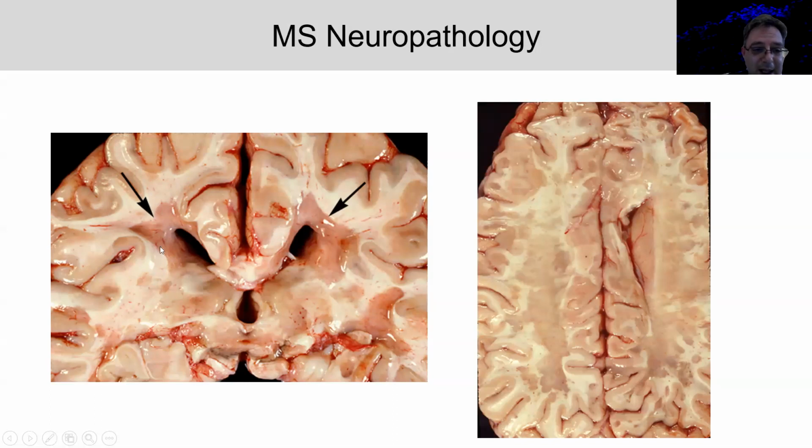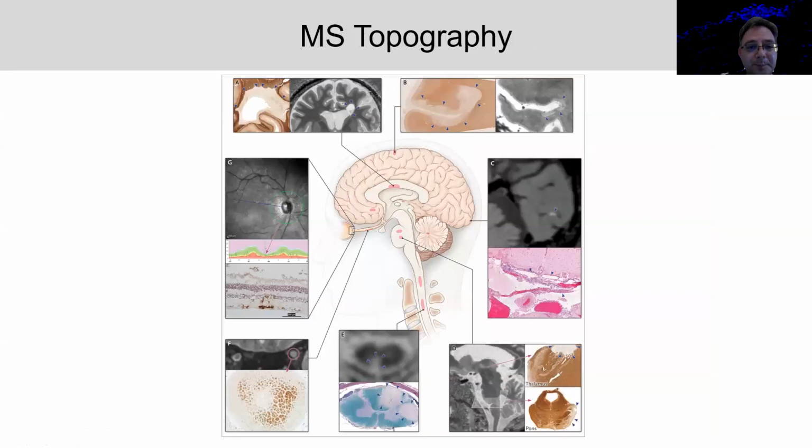And you can see that it's actually surrounding the ventricular space in this patient. If we do a horizontal section of this patient, you can see that the scar extends right throughout this whole area of white matter. And this is quite a profound, enlarged lesion in the MS brain.